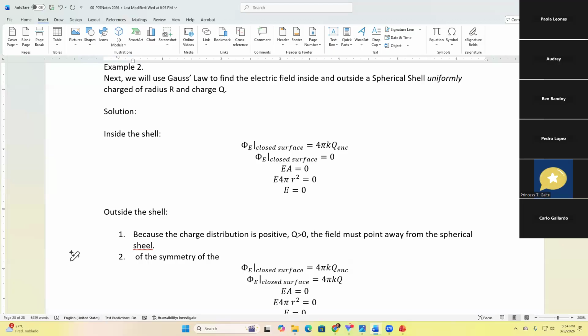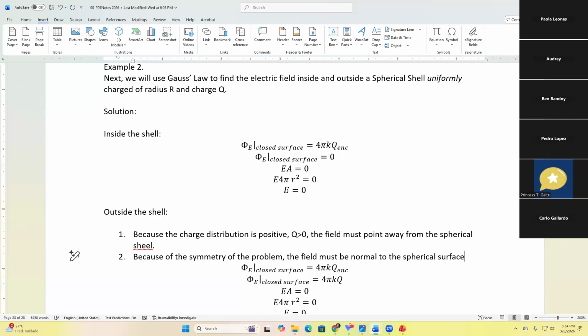2, what else? Because of the symmetry of the problem, the field must be normal to the spherical surface.